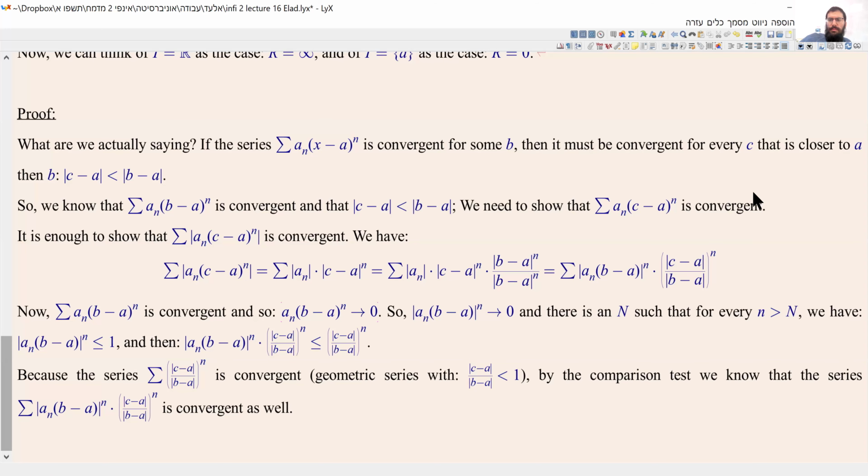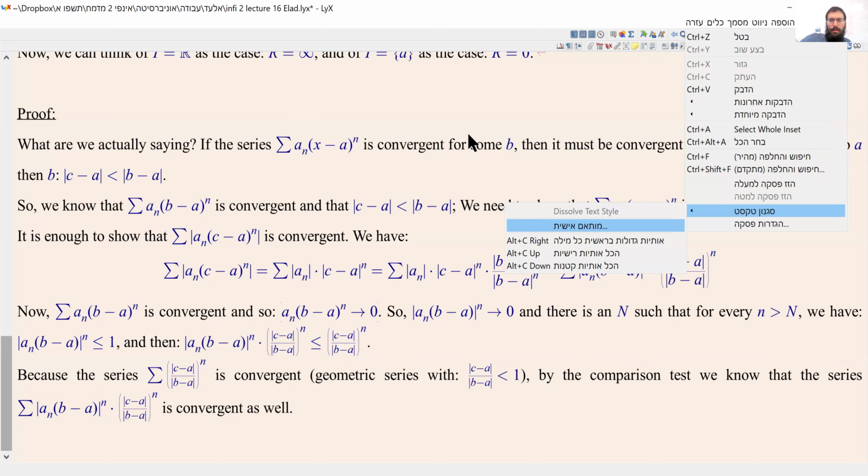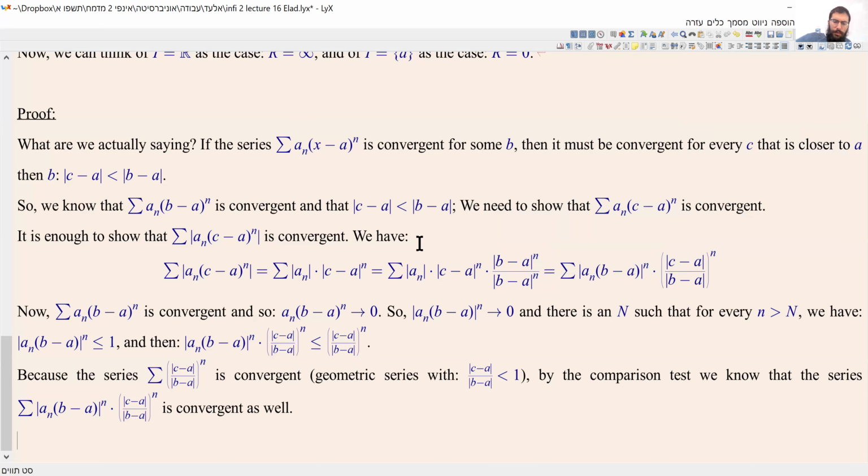Let's write it down in a different color. Then I'll let you ask some questions if you like. What do I want you to have in mind? Note: what did we actually prove? We proved that inside the convergence domain, not at the ends, the power series is absolutely convergent.